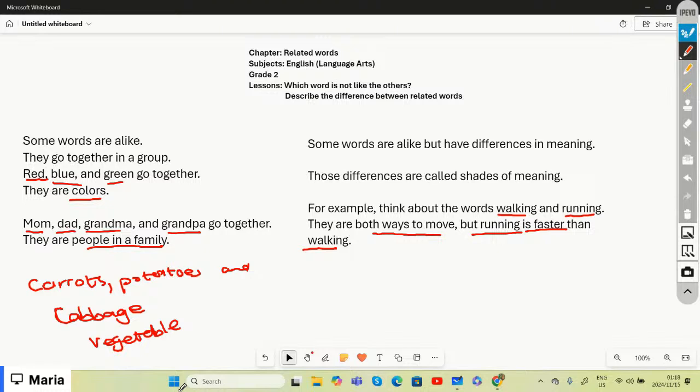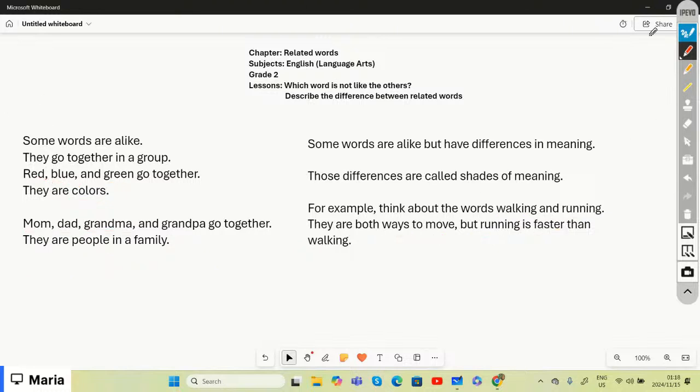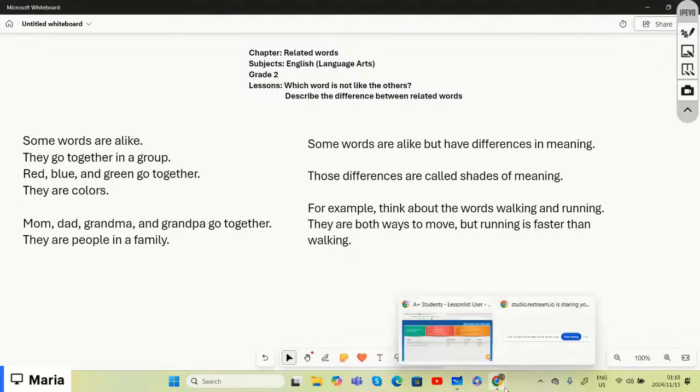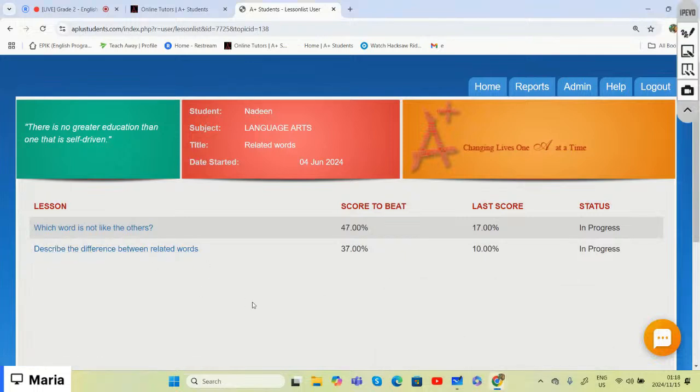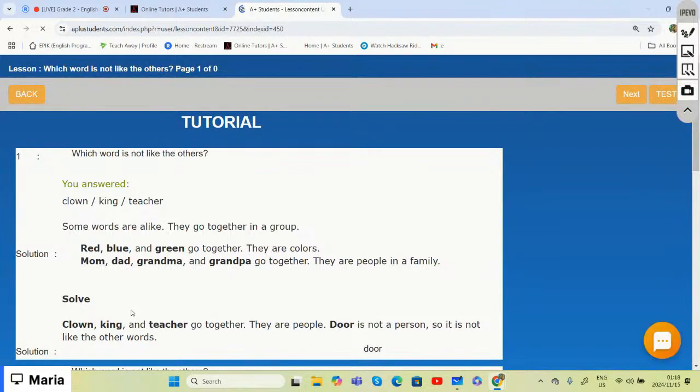We're going to related words, and we're going on to the first lesson, which is which word is not like the others. So which word is not like the others?